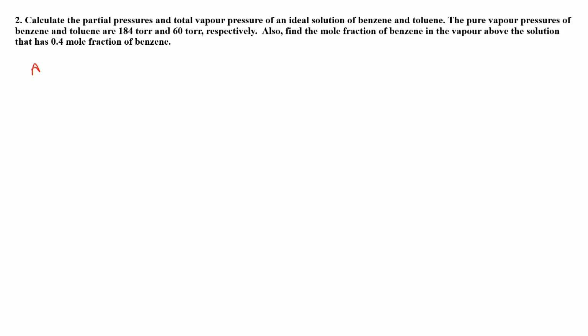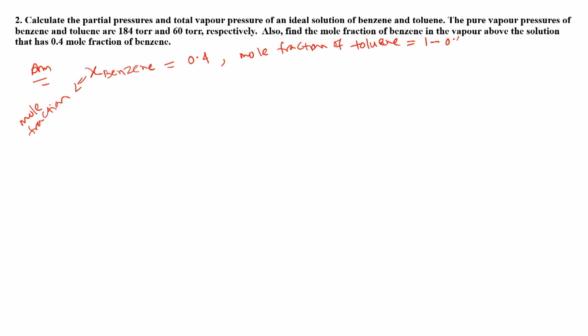So X benzene, the mole fraction of benzene, is 0.4, and the mole fraction of toluene: since the total mole fraction is 1, the mole fraction of benzene plus the mole fraction of toluene gives you 1, so the mole fraction of toluene will be 1 minus 0.4, so 0.6. Now, for the pure components, vapor pressures are given.